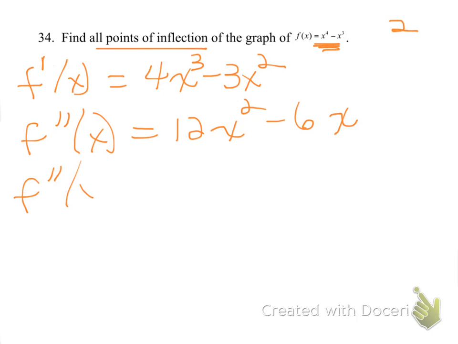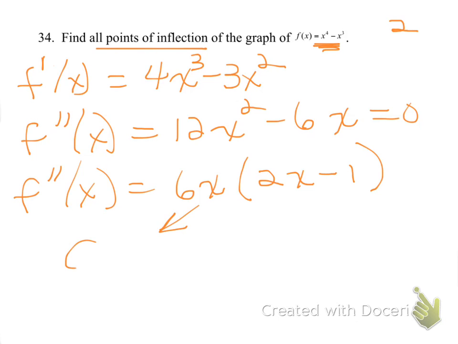Factor that because I have to have that equal 0. They have a 6x in common, so I need a 2x minus 1. So therefore I have 2 points of inflection, one at each of these roots. So one point is going to be at 0, and the other point is going to be at 1/2.